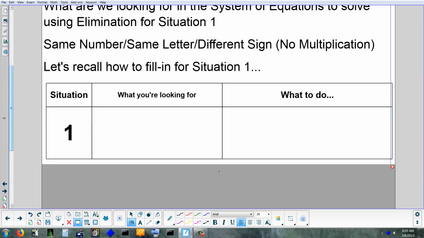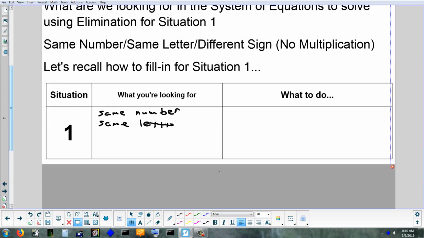What are we looking for in situation 1? Look back at your guided notes from yesterday. Tell me, what am I looking for? Yep. The same number, same letter, and different sign. Same number. You guys already have this, so you don't need to write it again.